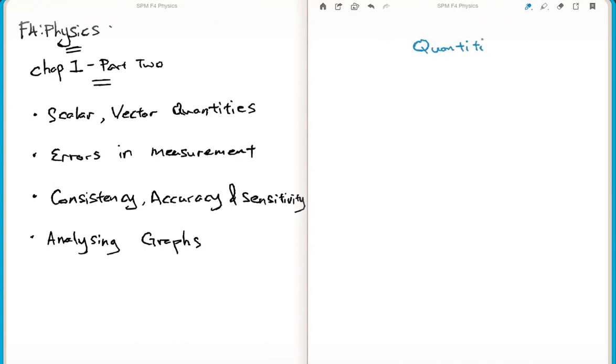By now, you should be quite clear of the difference between base quantities and derived quantities. Out of those quantities, some will be called scalar, whereby you only have just a number, whereas the others will be called vector quantities. Just like what you have learned in your maths, there are scalar quantities and vector quantities.